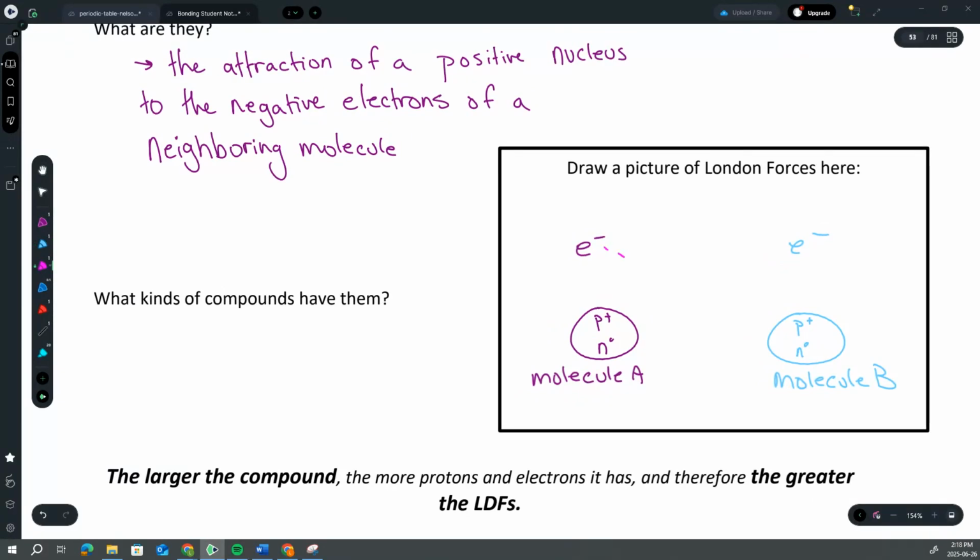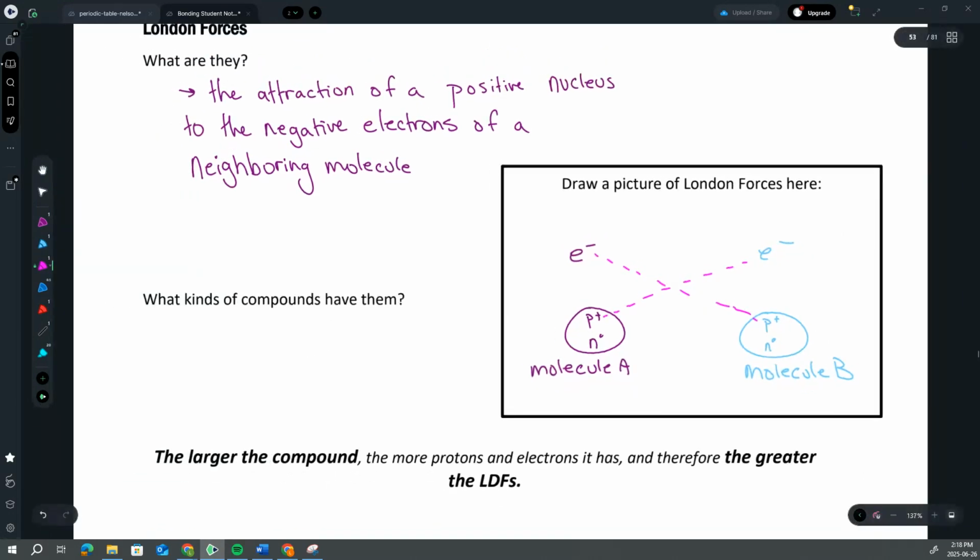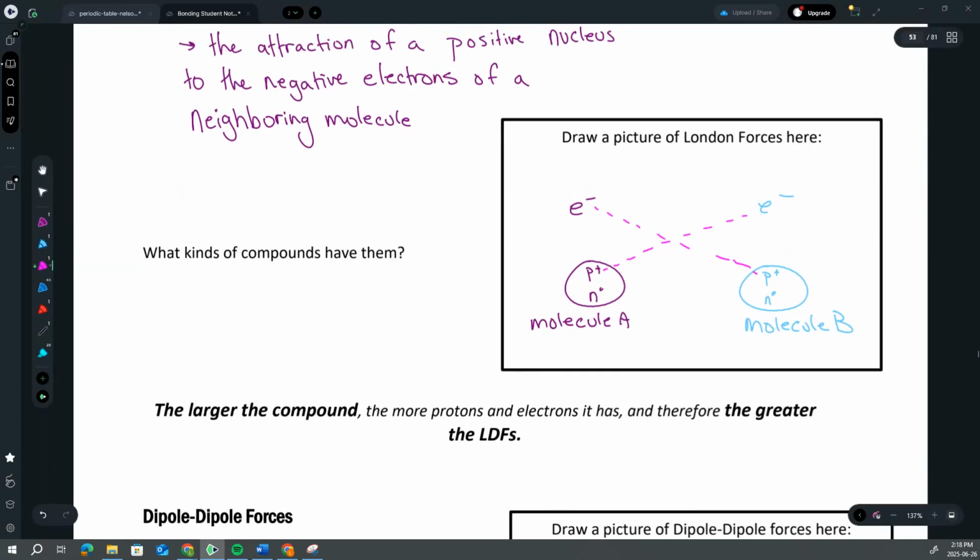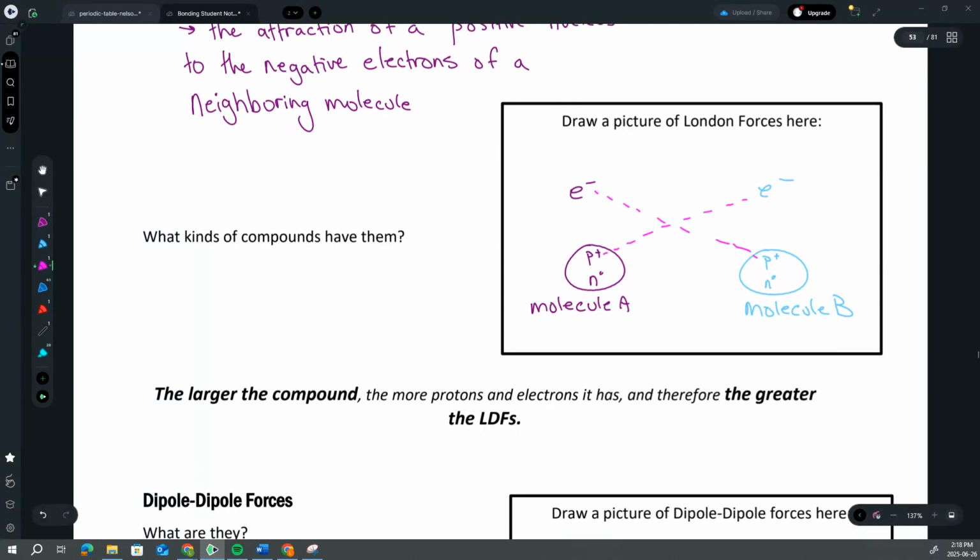So this is just the attraction between the protons of one molecule with the electrons of a different molecule. Or sometimes it's just happening between atoms as well. All right, so what kind of compounds have them?